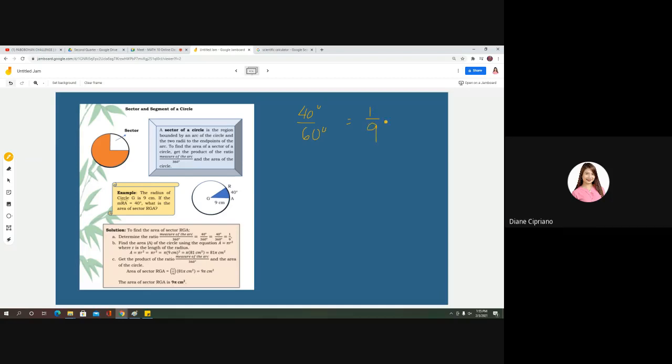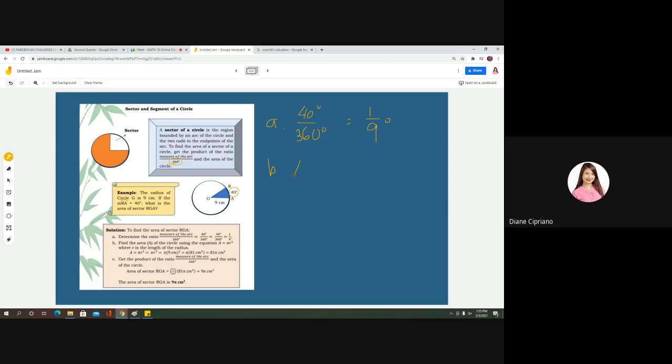So ganun lang. Saan nakuha yung 40, ma'am? Given. Saan nakuha yung 360, ma'am? On the formula of the sector of a circle. Next, on our step 2, is to find the area. In finding the area of the circle, you have pi r squared, right?